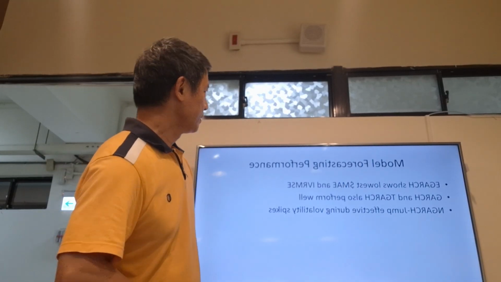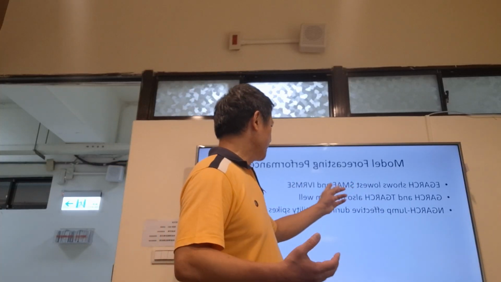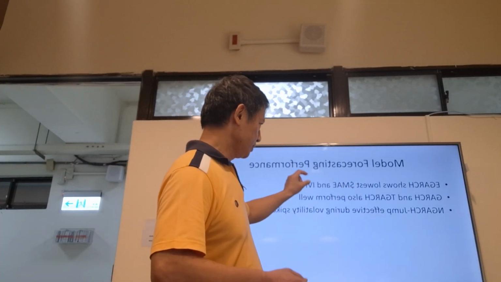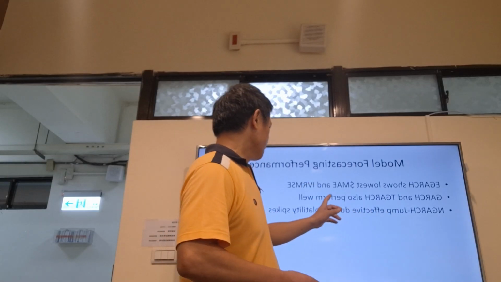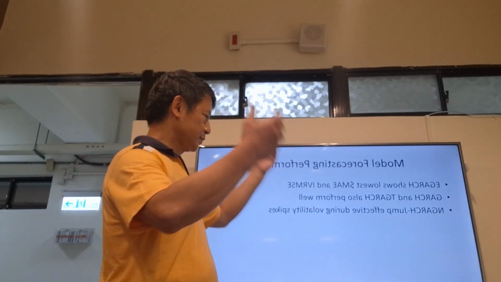And for model forecasting performance, EGARCH shows the lowest MAE, good, right? And IBIMSC is very small. GARCH and TGARCH also perform well, and EGARCH-jump is affected during volatility spikes.